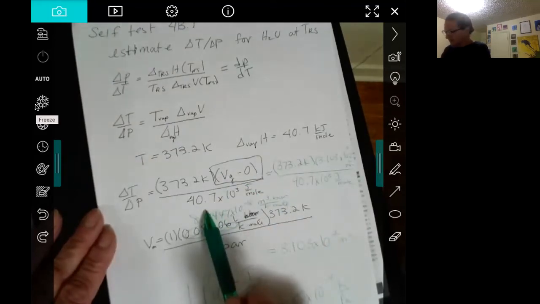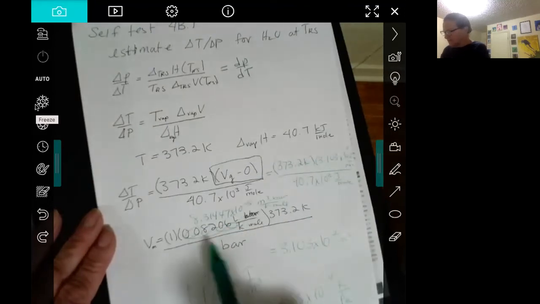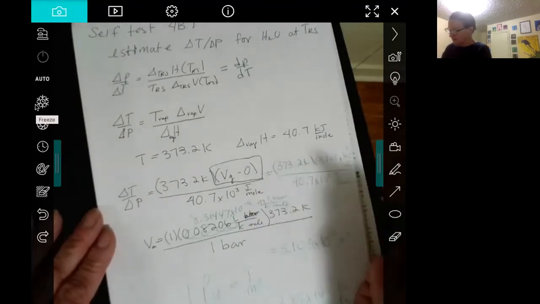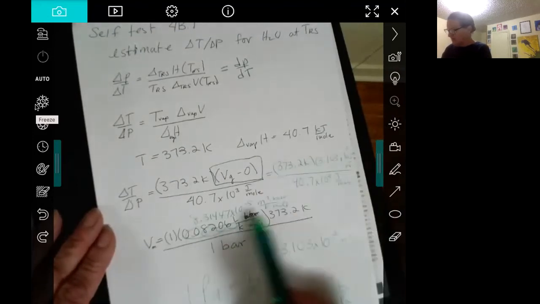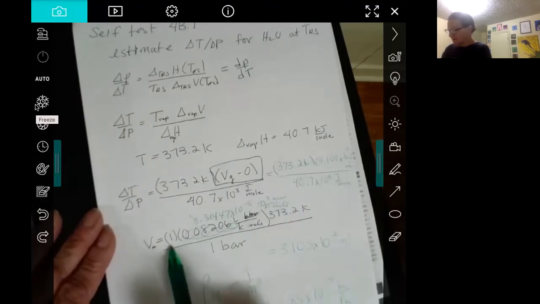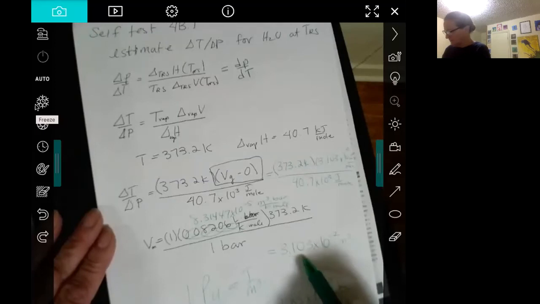And then you're going to divide it by the delta H, and I changed it into joules. So I'm using everything in SI units except the bar because it's going to cancel. So if I use the gas constant in meters cubed bar over K mole, multiply by the temperature, I want the molar volume, divide by 1 bar, I end up with the molar volume of 3.103 times 10 to the minus 2 meters cubed.